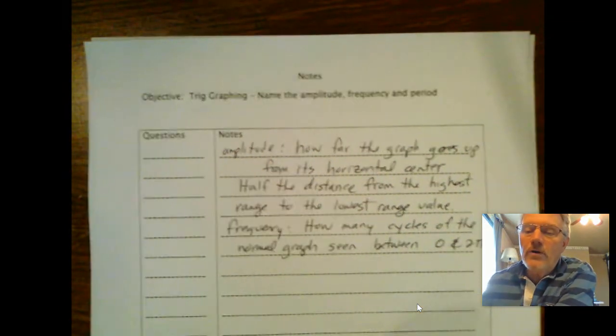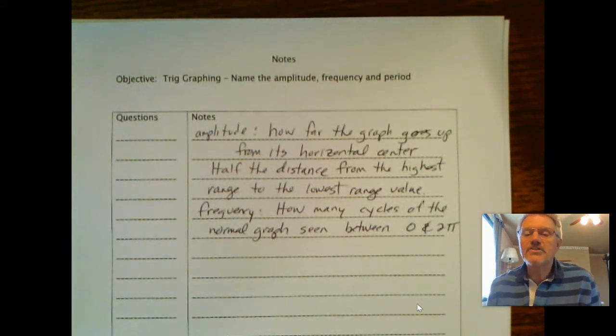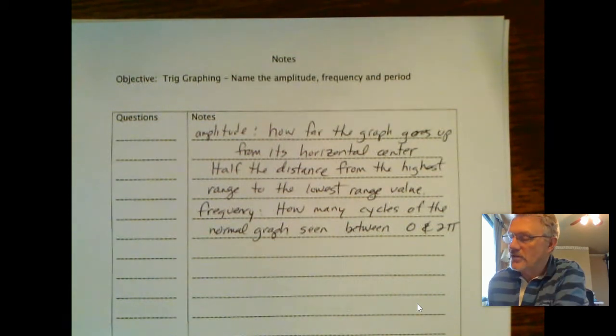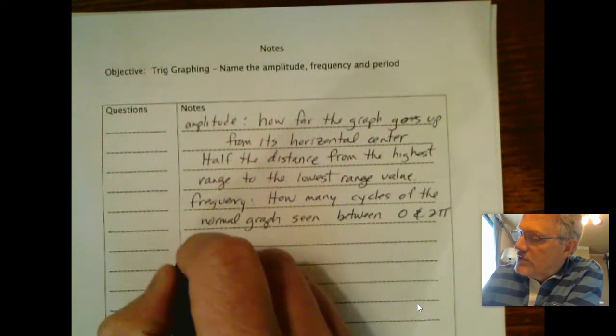Remember that 2 pi is 360 degrees in radian measure. So how many cycles of the graph do you see between 0 and 2 pi? That's the frequency. Frequency, how many times you see it. Should make sense. Okay, and then the last one is the period.